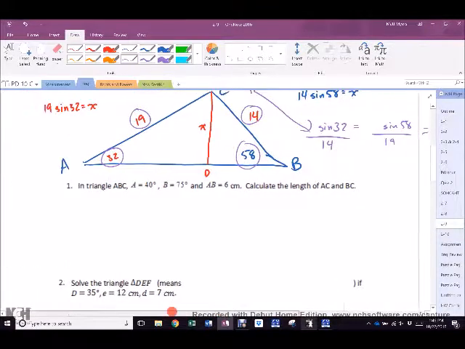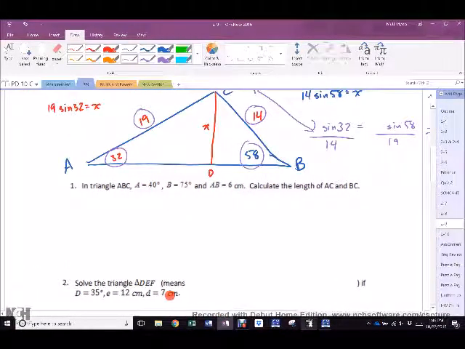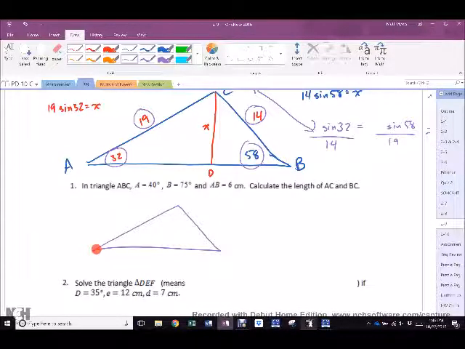This question here is blank, yes? What do I need? Label it. A, B, C. Does it matter where I put A? I'm going to put it here. Everyone agree?